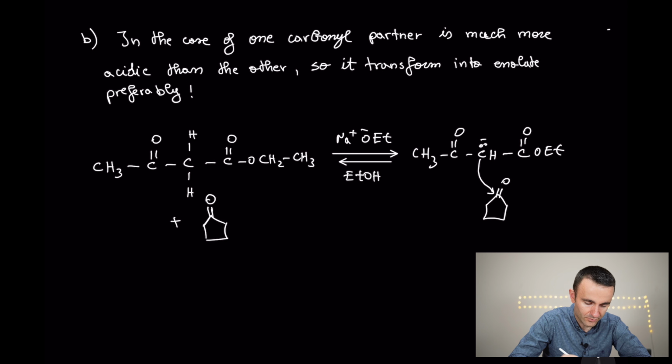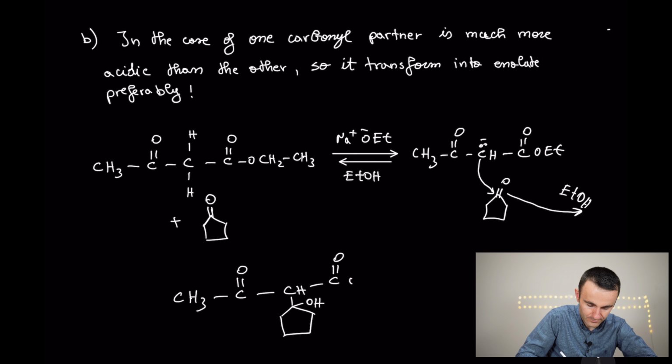And here, because we have sodium ethoxide, ethanol, one hydrogen is going to be used to protonate the oxygen here, right? So the final product is going to be what? So this is going to be connected to this carbon, and here we are going to have the formation of a tertiary alcohol, and again the remaining part.